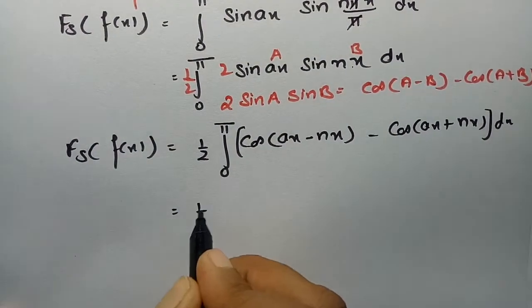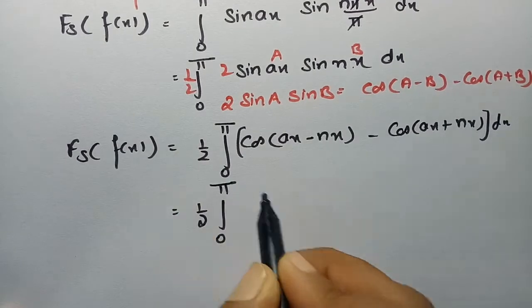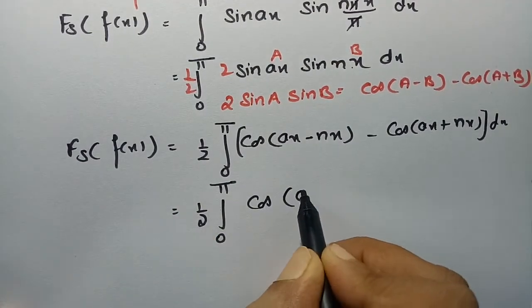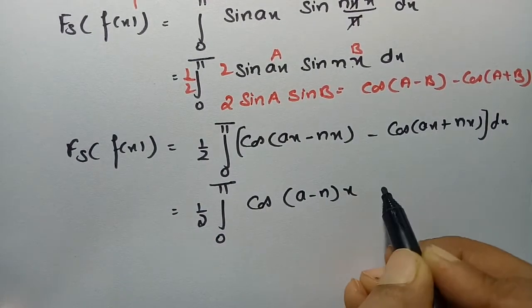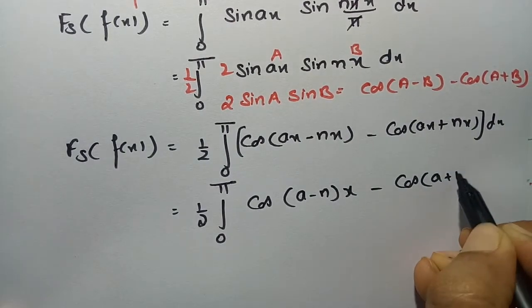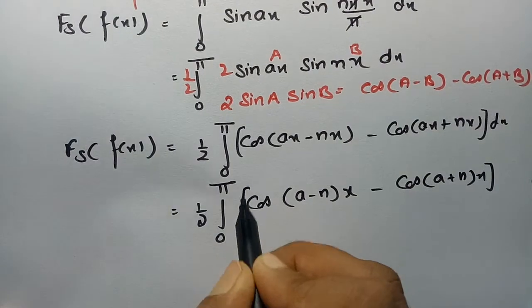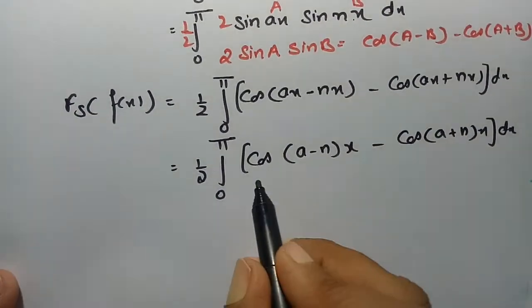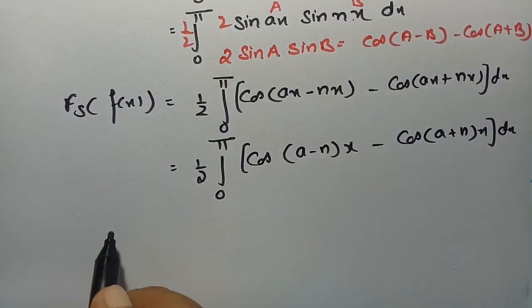Which is equal to half times the integral from 0 to pi of cos of, if I take x as common, a minus n into x, minus cos of a plus n into x dx. We know that the integration of cos is nothing but sine.